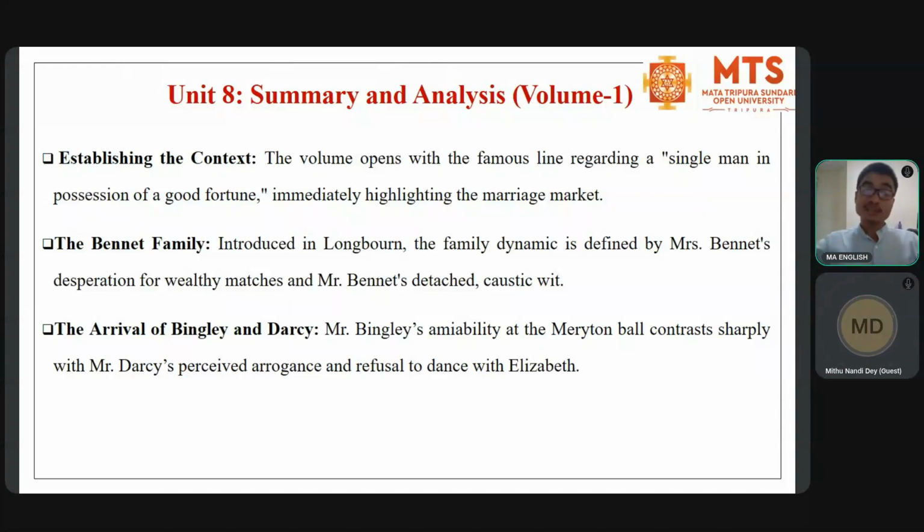But that did not happen. Darcy showed attitude, saying that she is good but acceptable, but not good enough to tempt him. So this comment made a very bad first impression between Elizabeth and Darcy.